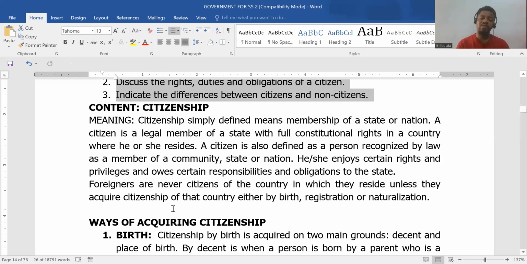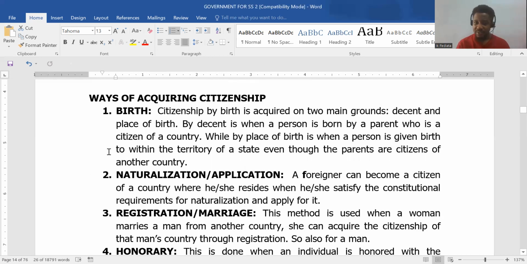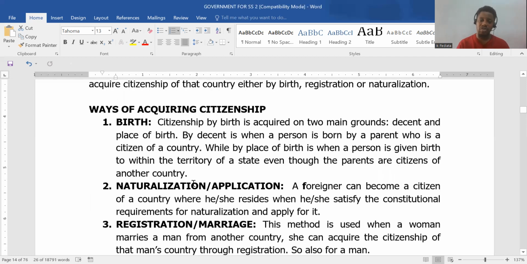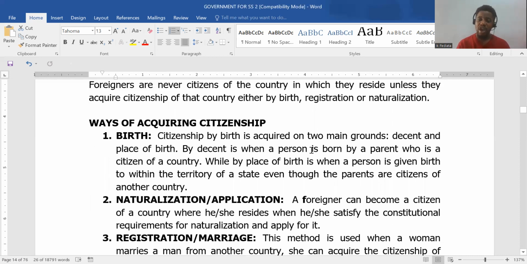How do we acquire citizenship? We do that by birth, naturalization, registration, honorary conferment, conquest, dual citizenship. So by birth is when it's acquired on two main premises, by descent or place of birth. So if your parents are Nigerians, it is argued that you're a Nigerian by descent because your parents are Nigerians.